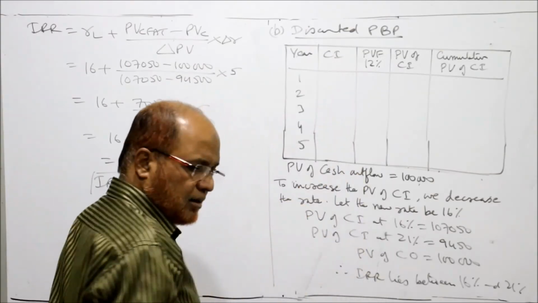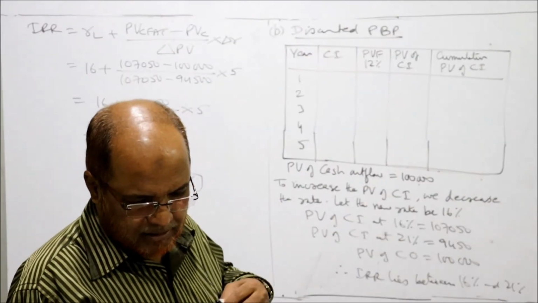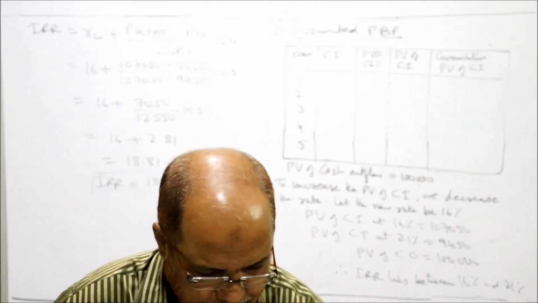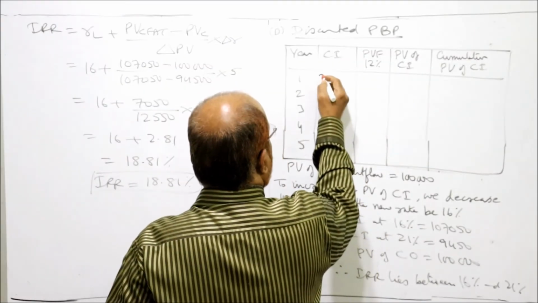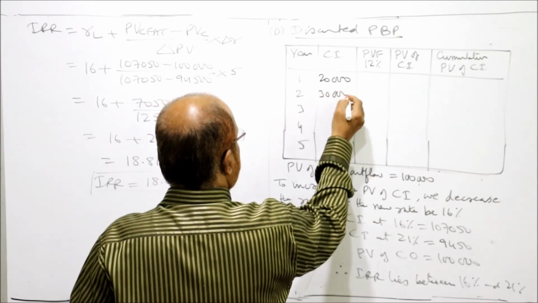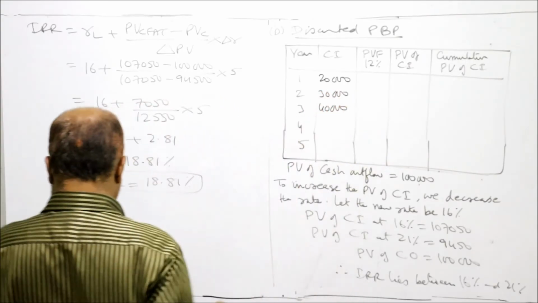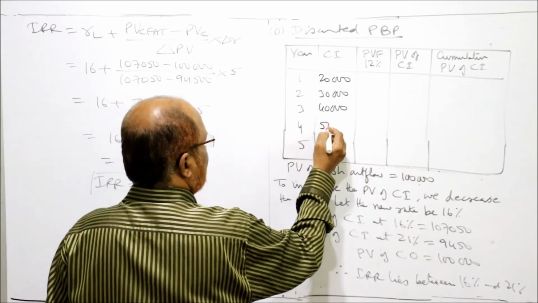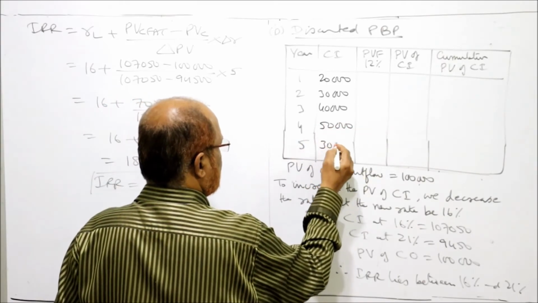Cash inflows are 20,000, 30,000, 40,000, 50,000, last one 30,000.